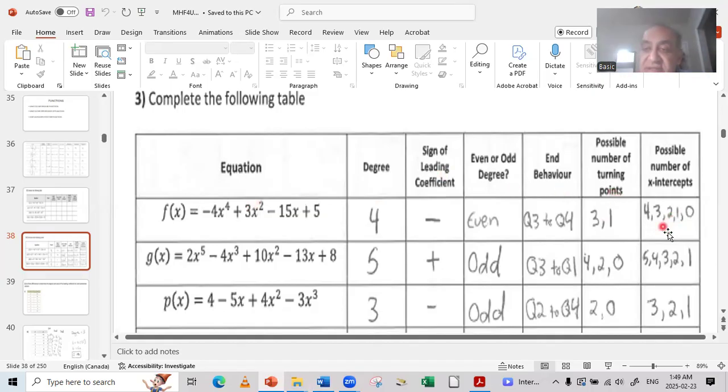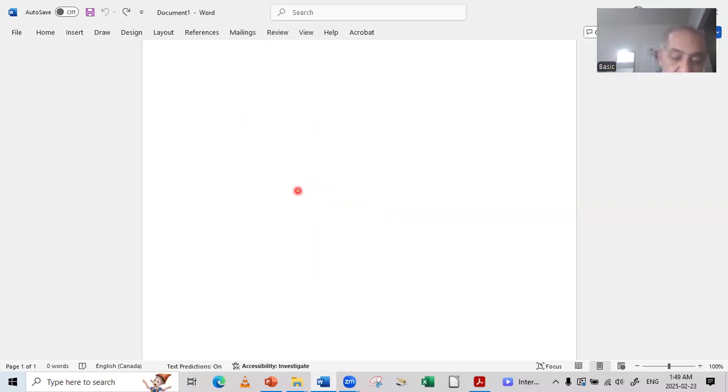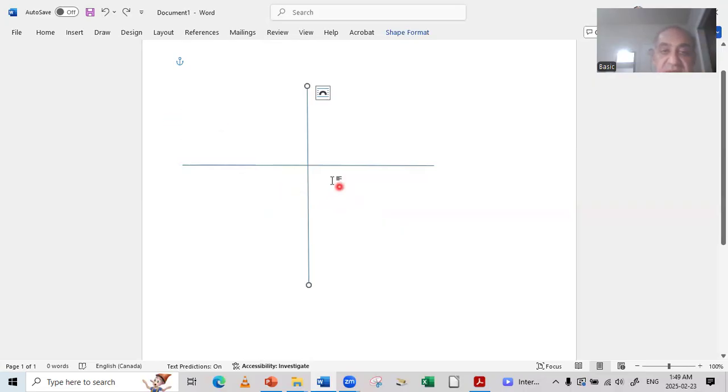Let me show you. This one makes intercepts with the x-axis. Sometimes it doesn't go like this, sometimes it goes like this. Let us take this figure out. Okay, Control and Y. It might not intercept here, as in this example.